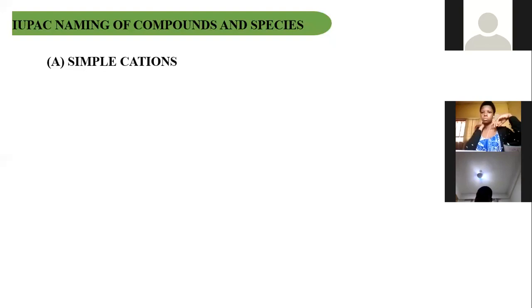How are they named? That's what we're going to do in the next few slides. And I'll need you to pay special attention. If you follow me carefully, by the time we are done, you should be able to give the IUPAC name for any compound that you are given in any examination at all. That's why I'm starting from a very simple one.